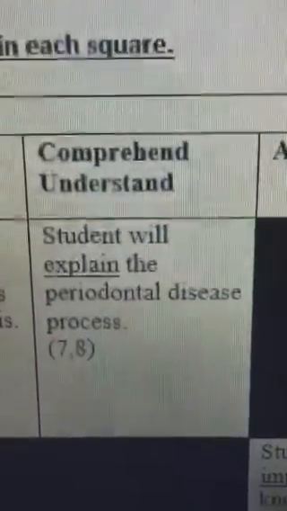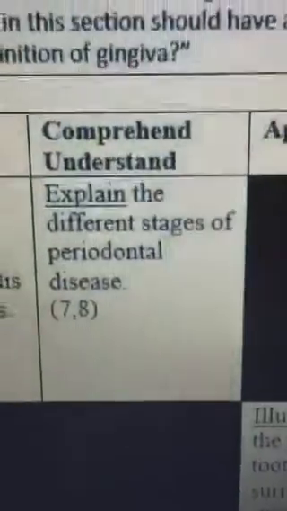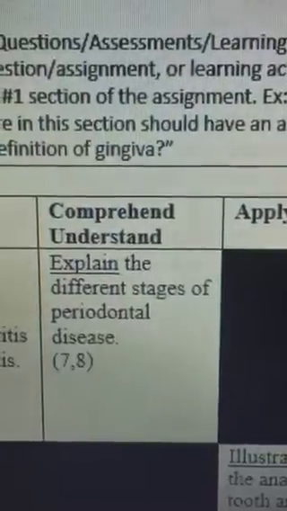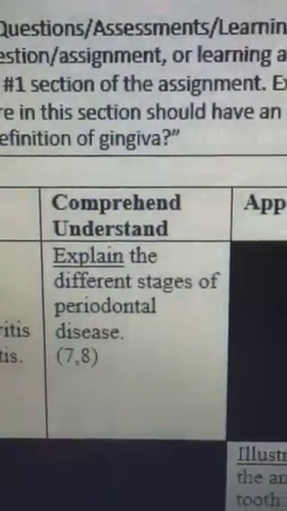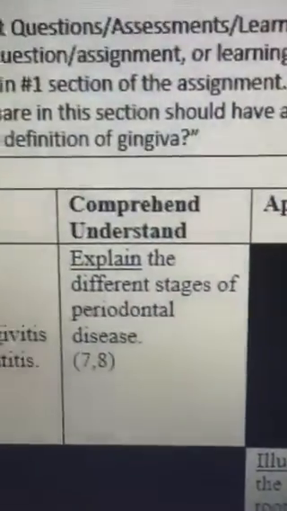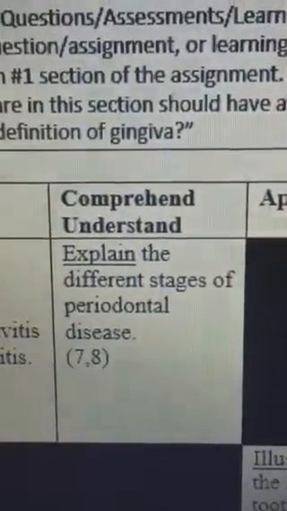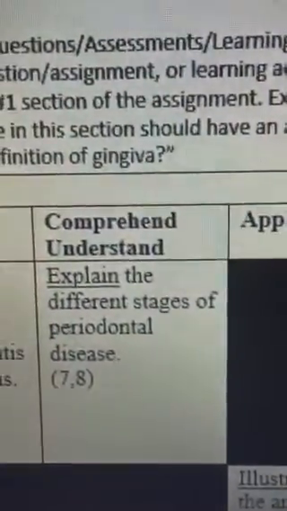It can be found on slides 7 to 8 in my PowerPoint presentation. And then the corresponding assessment with that is that the student will explain the different stages of periodontal disease. That would be test question style, a short essay where they'd actually have to go into a little bit of depth and explain the different stages.